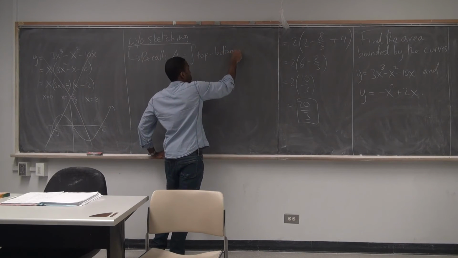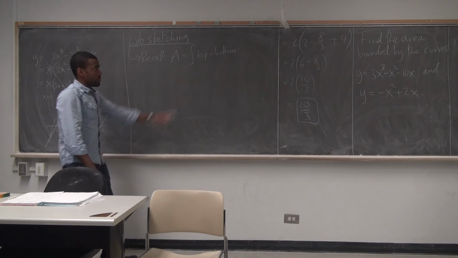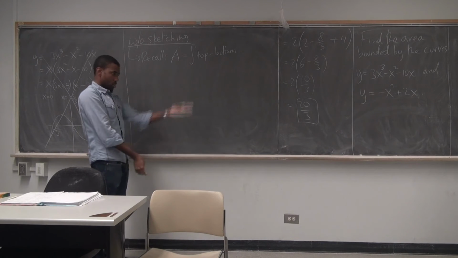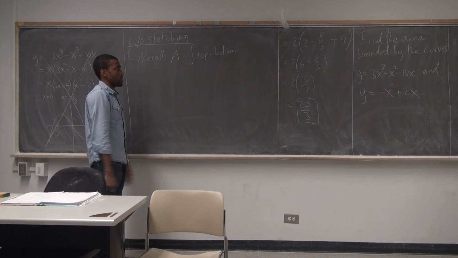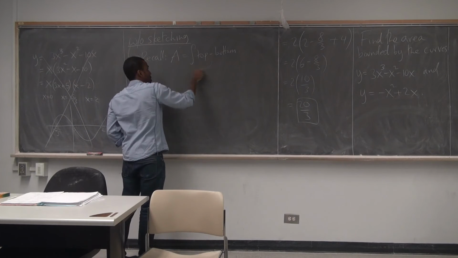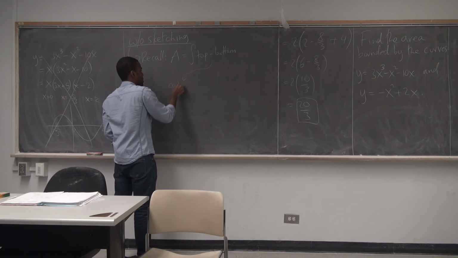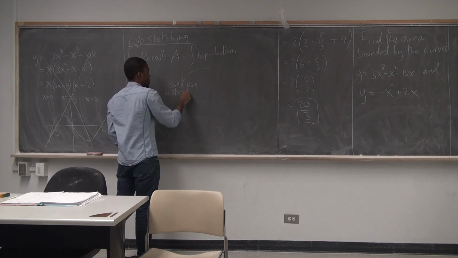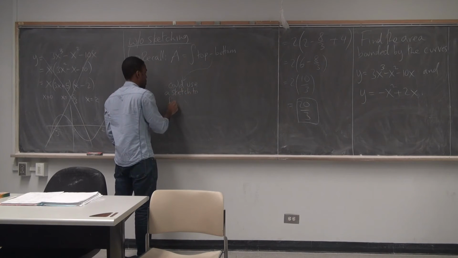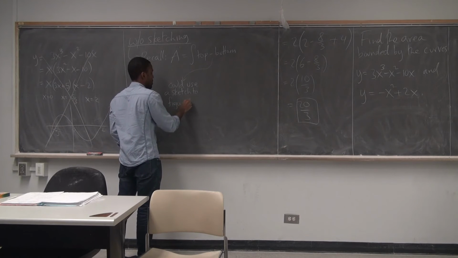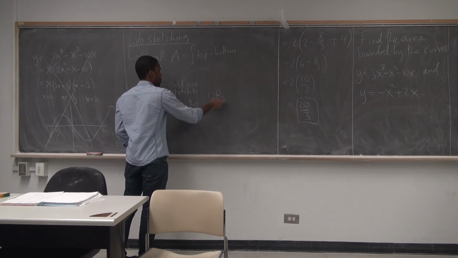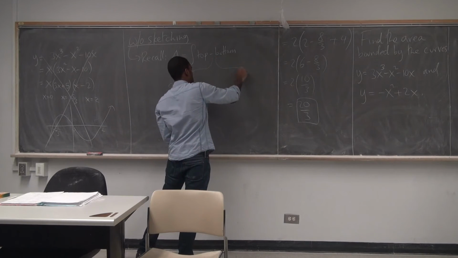One of the reasons the sketch helps you is figuring out who's top and bottom. You just look at the picture and say, oh, that's the top, that's the bottom. But there are other ways. How else do you think you could figure it out?